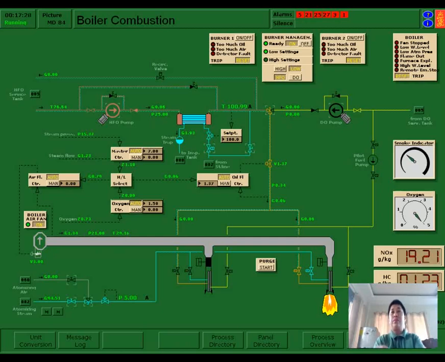So now, as you can see here, your boiler is running. Your burner management is on, and you have low setting.